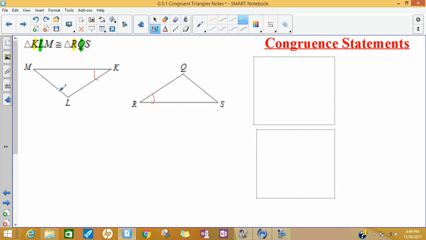And I'll show that by putting two arcs, because I want to know that L and Q are congruent to each other, but they're not congruent to R and K.